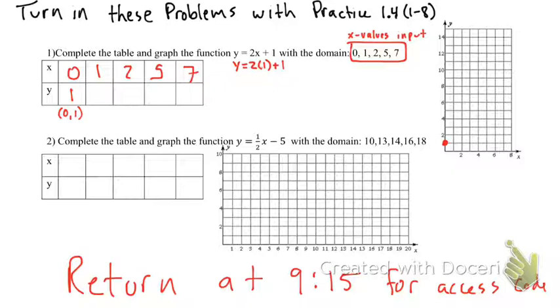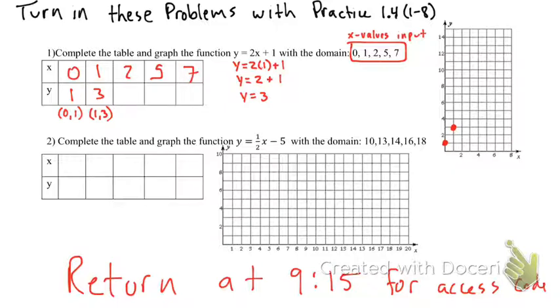Okay, so I'm plugging in 1 there for x. 2 times 1 is 2. So we're just evaluating now or doing order of operations. That turns into 2 plus 1. And then y is going to equal 3. So when I plug in 1, I get an output of 3, which means I have a point of 1, 3. So this is 1, 3. So I can now graph that, which would be there.